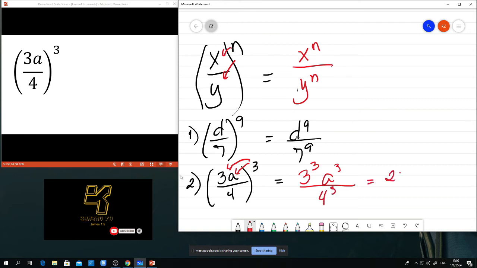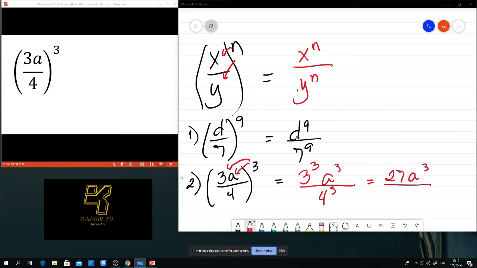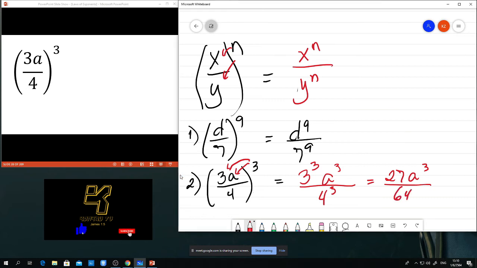So we have 27a to the power of 3 over, how many is this? 16 times 4. 64, right? Yeah, 64. If it's only two-digit numbers it's fine, but if it's in the thousands already, it's okay not to write the detail.